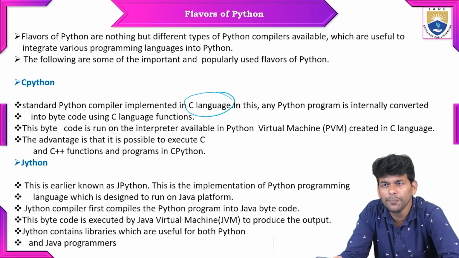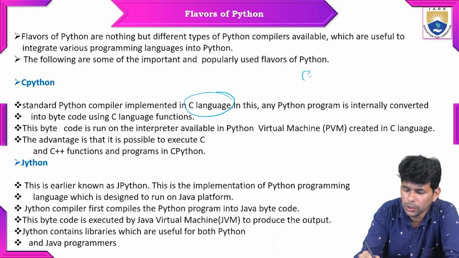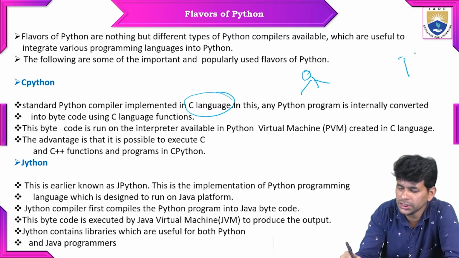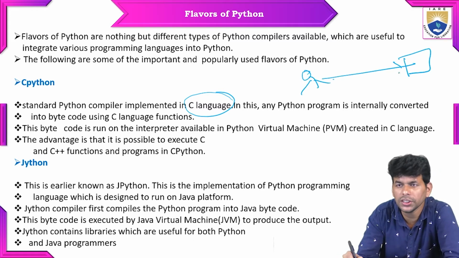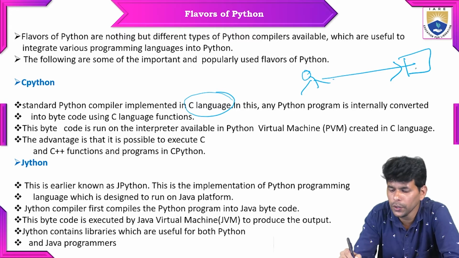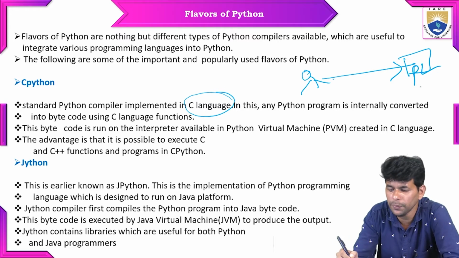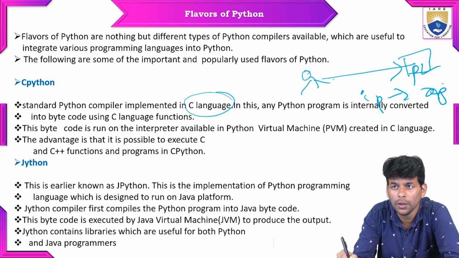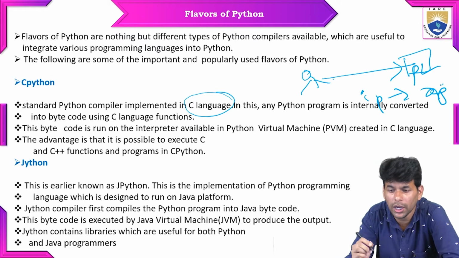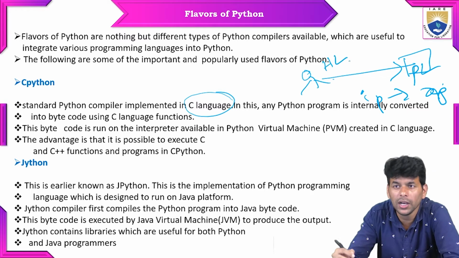In this, any Python program is internally converted into bytecode using C language functions. What is the meaning of this? Very simple. Here the user writes code into the system using some programming language, which is executed when we give an input, and then we get the output. But we have to know that here we are using a high level language, and the system uses machine level language.